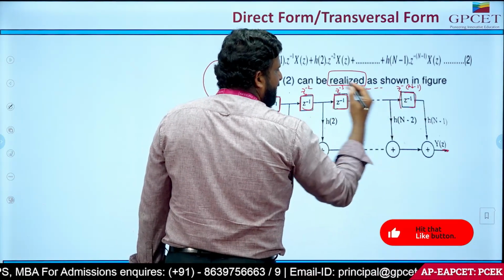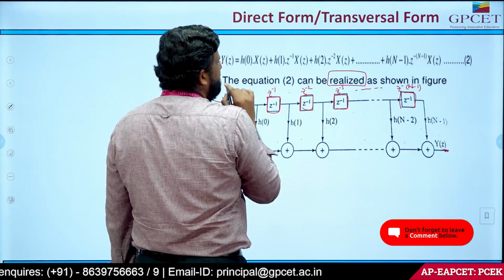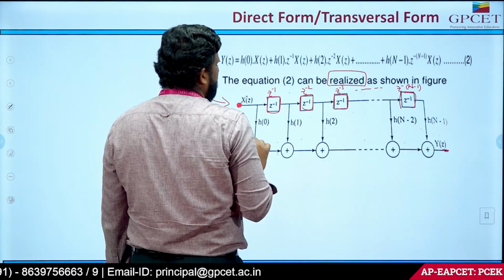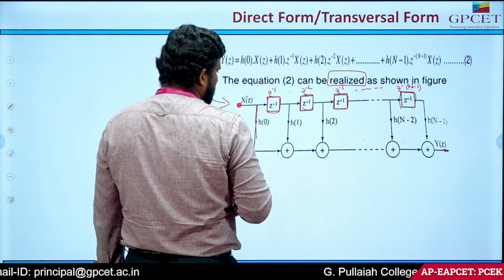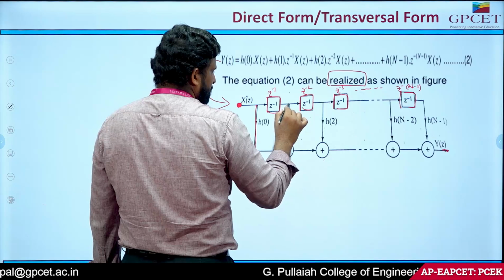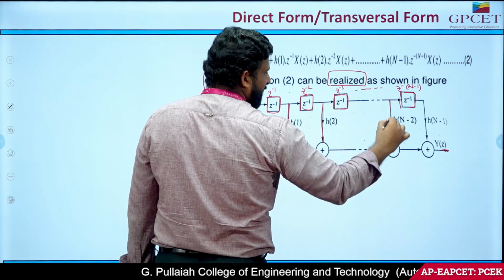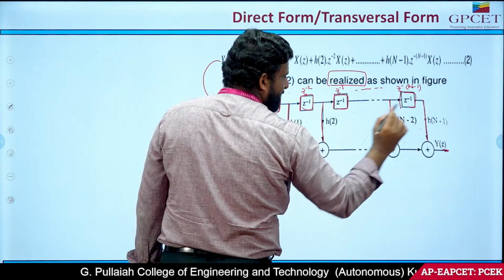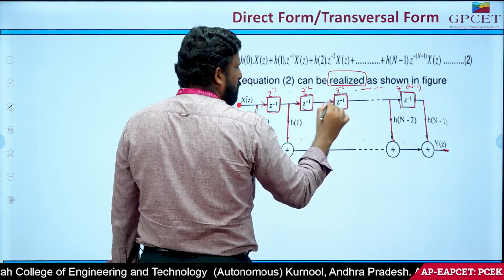After drawing all the delays, next we see what the impulse responses are, that is the product with that particular X of z. So I have drawn next h of 0, h of 1, h of 2, and so on, h of N minus 2 and h of N minus 1. Please be careful while representing these arrow marks.